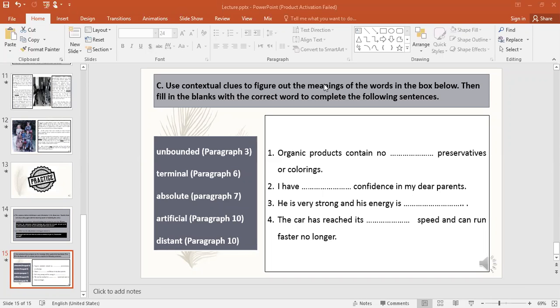No, you need to put words here from the box. He is very strong and his energy is what?